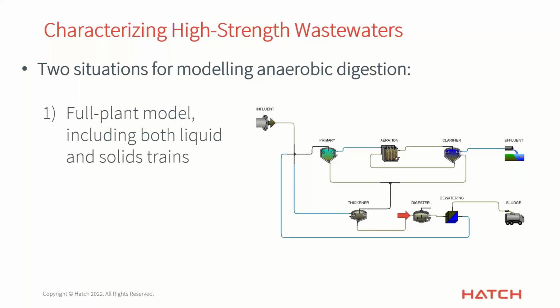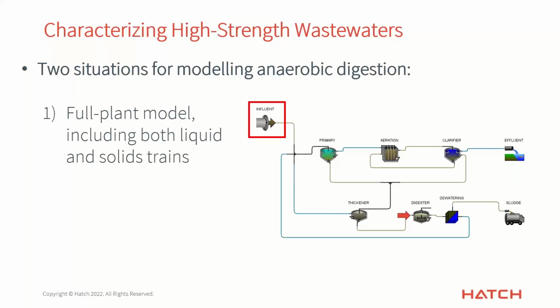It is calculated by all of the upstream modeling work you've done, so what comes out of the thickener is what comes into the digester. The characterization in this case is really about what's in your influent. Characterizing the correct amount of inert solids in your influent will have an effect on what's going into your digester.